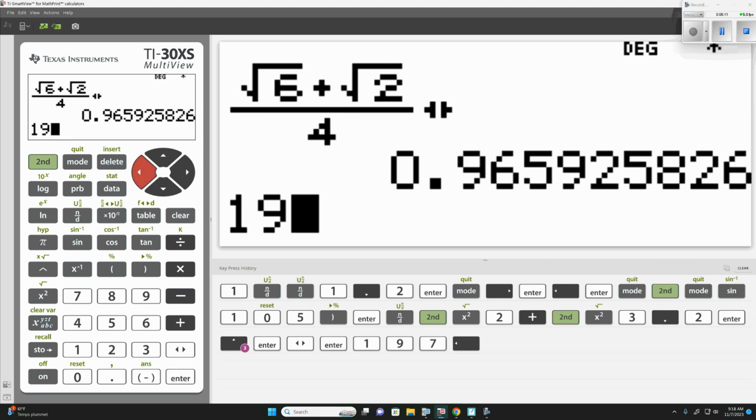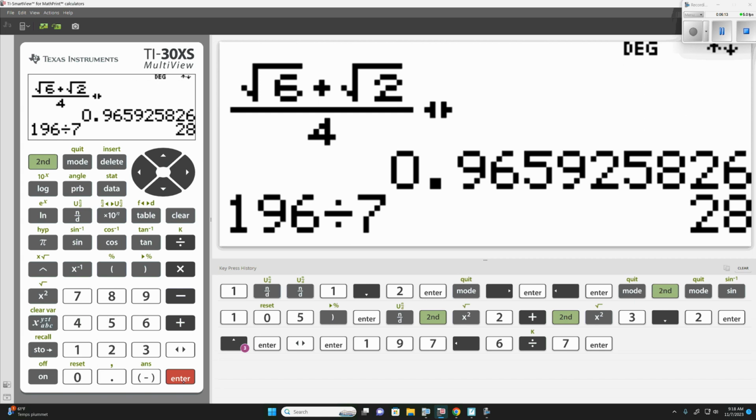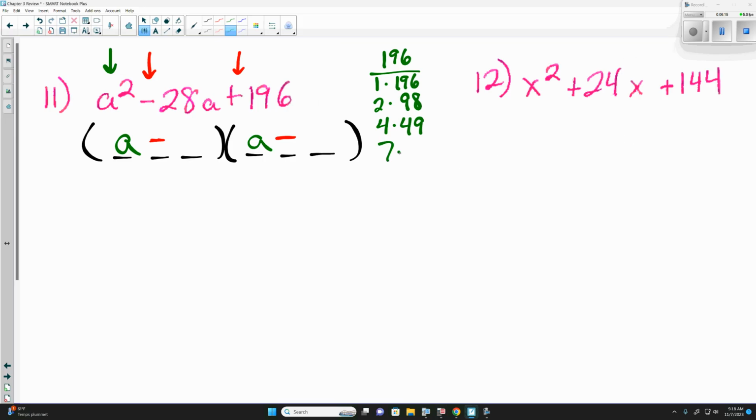Okay. 196 divided by 7, 28. So 7 and 28. 8. So the next one's 14 and 14.